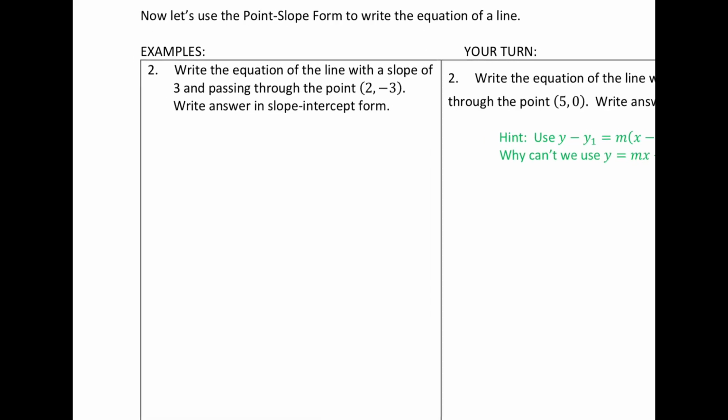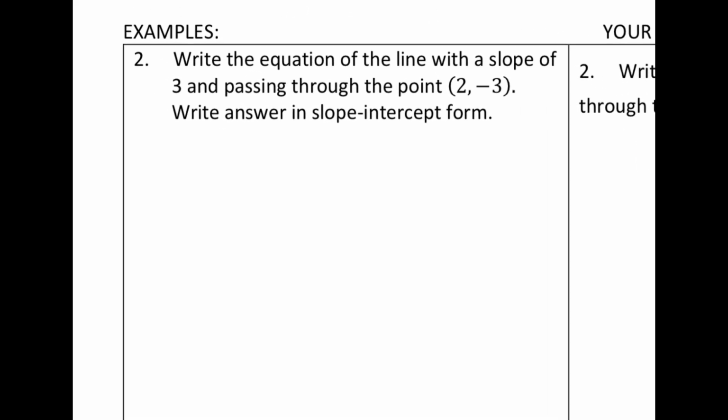All right, so now we're going to actually do it. So first thing you should do, like I've been saying, is write your formula down. The more you write it, the quicker you'll memorize it. So just get used to doing it.